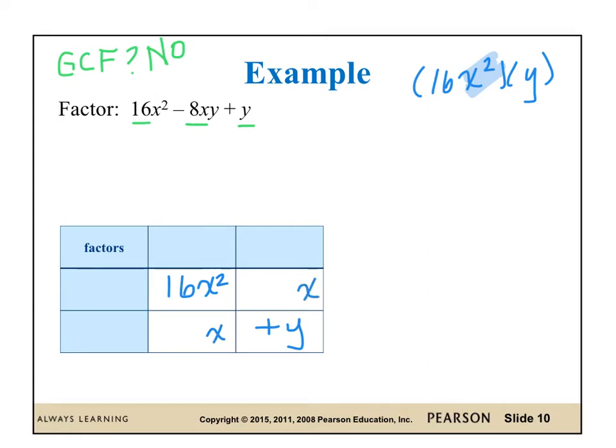So what we have left is 16y. And we know the y is going to go in there somewhere, but we don't know where just yet. So we're going to, again, focus on the factors of 16, the number part.